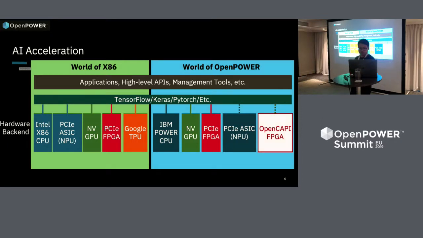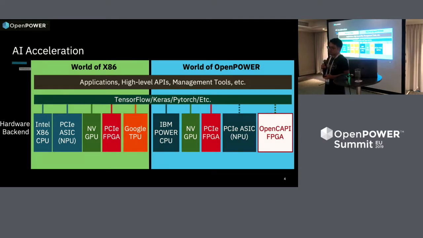But for OpenPOWER, we also have similar offerings. But none of these offerings can utilize OpenCAPI right now, because OpenCAPI is really a new technology which has been invented maybe less than 3 or 4 years ago.